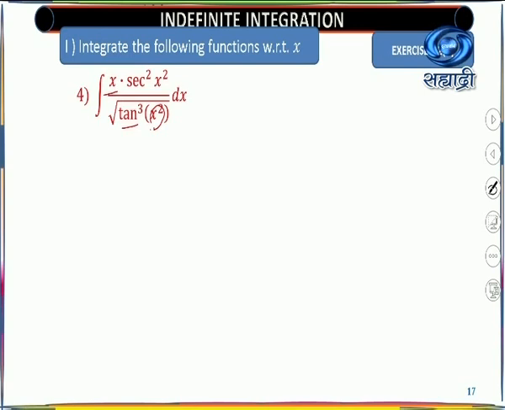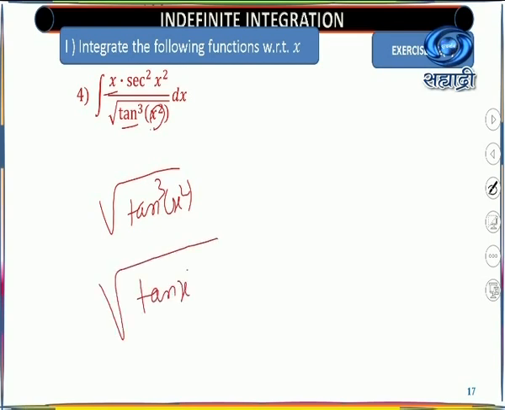That means if you substitute this square root of tan cube x square, what is the meaning of this? It is tan of x square, angle square, and its cube. By this meaning, what will you write? This is nothing but t.